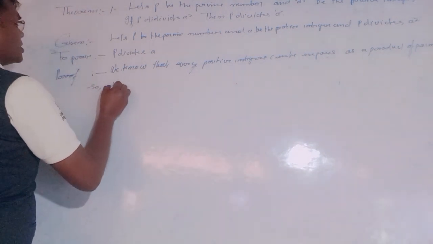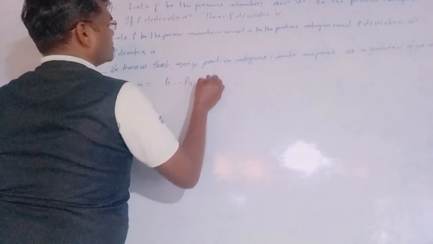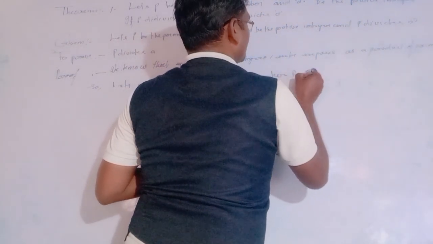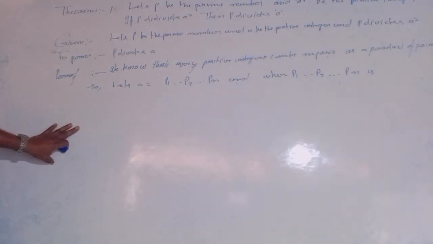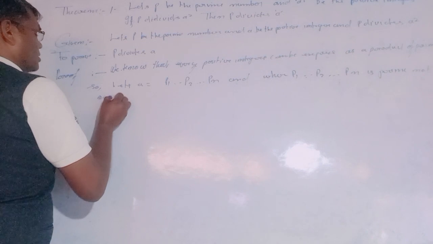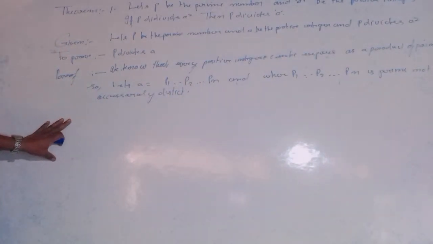Let's say a is equal to p1 p2 pn, where p1, p2, up to pn are primes, not necessarily distinct.